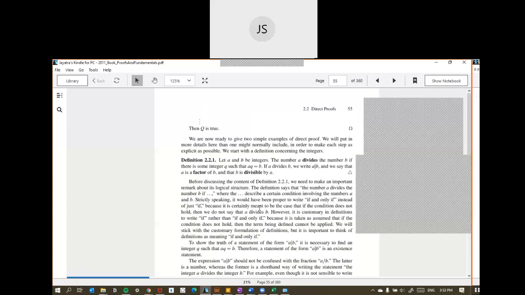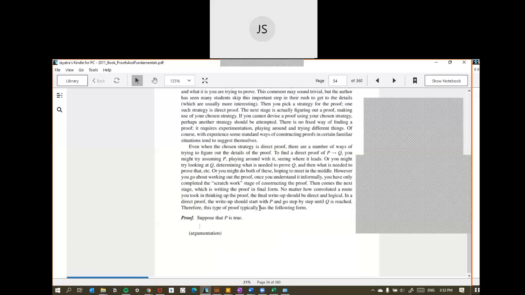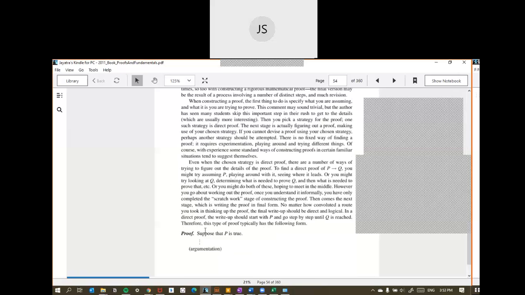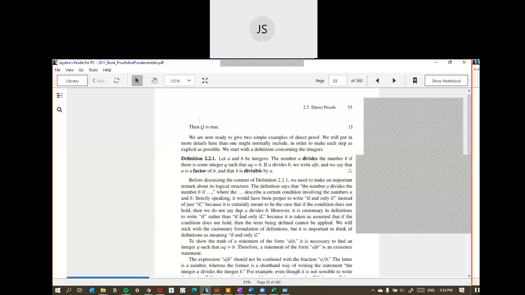So this is the basic outline of the proof. It's supposed that P is true, then we argue, and then we get to Q is true.